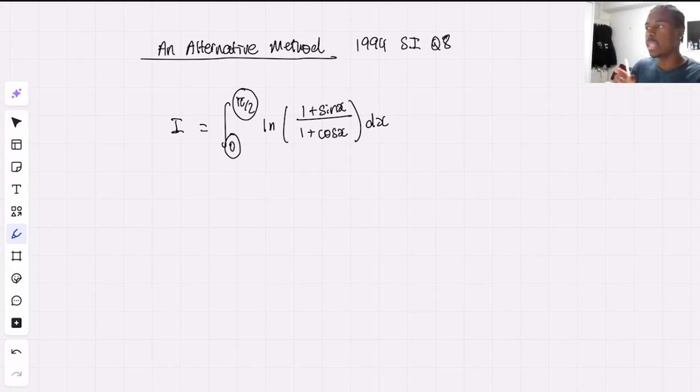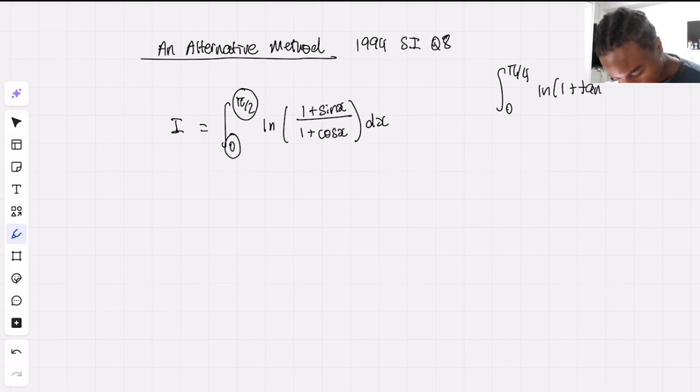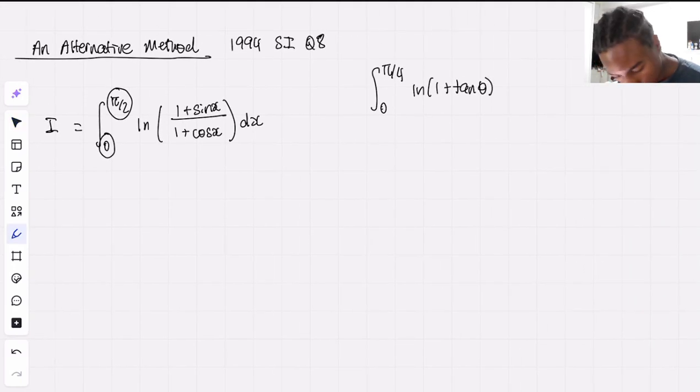Now, with the integrals that we calculated before, we had that the integral from 0 to pi over 4 of ln(1 plus tan theta) d theta was equal to pi over 8 ln 2.